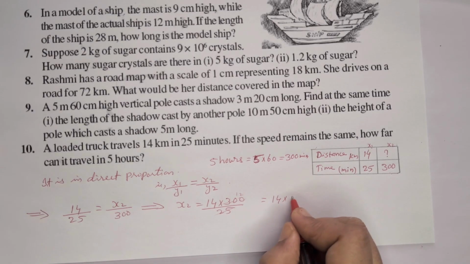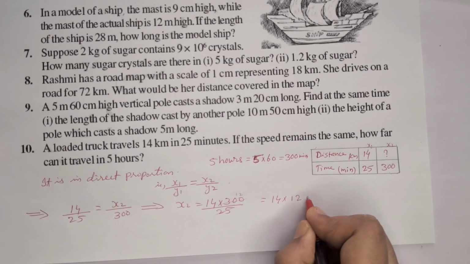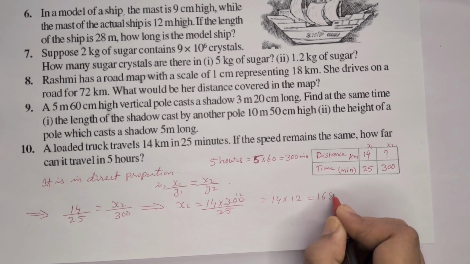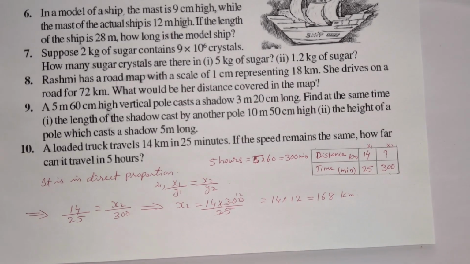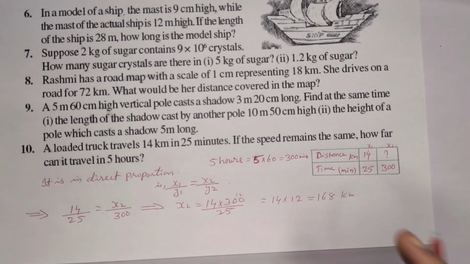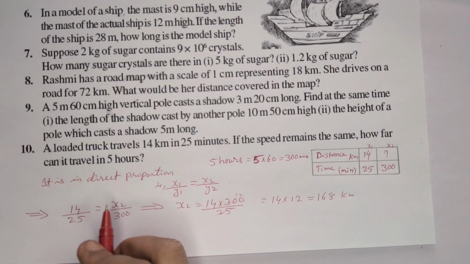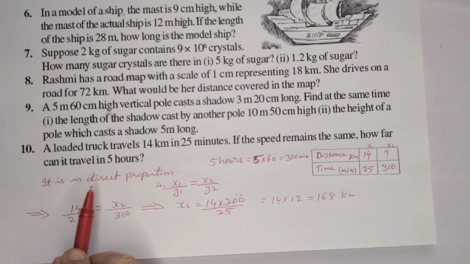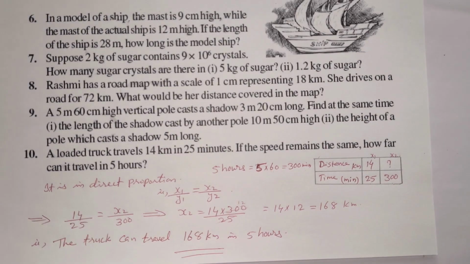So 14 into 12 is equal to 168 kilometer. So we can write in a sentence: the truck can travel 168 kilometer in 5 hours.